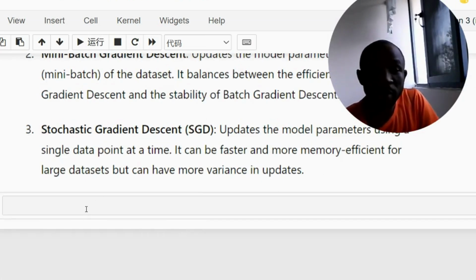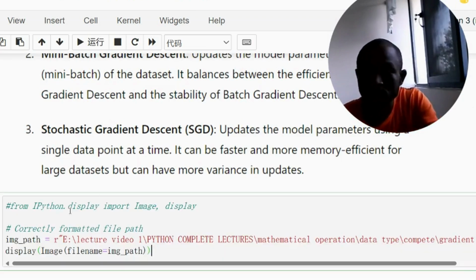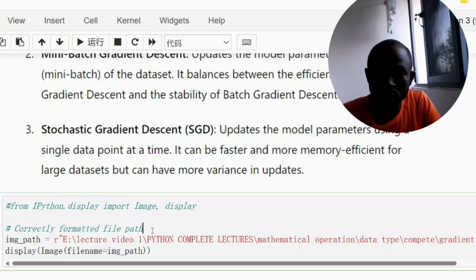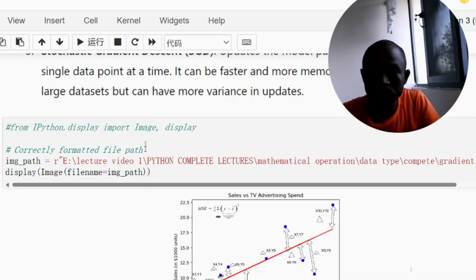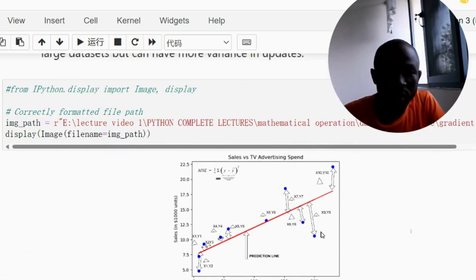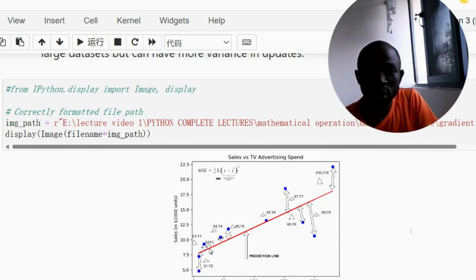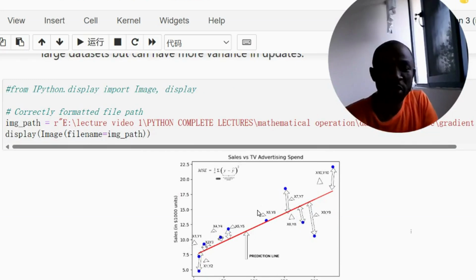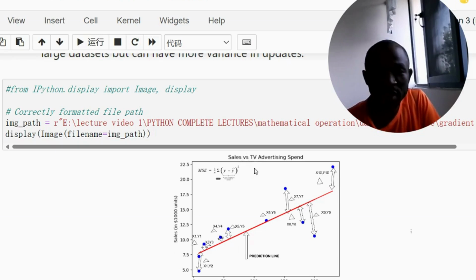So now let us run this program. Yes, this diagram is showing us the information that we had in our last class. If you haven't studied the last class on linear regression, again we look at the sale, the advertisement using the TV and the sale.